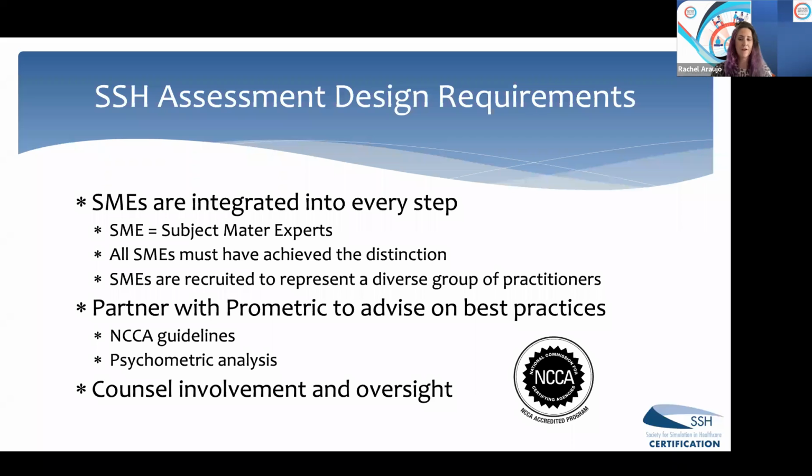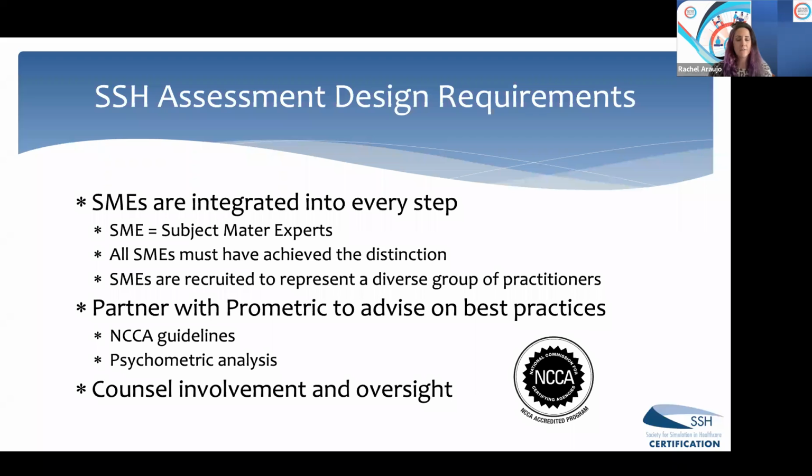Our programs are accredited through them, and we rely heavily on Prometric to be up to date with all of the guidelines and established best testing practices, and to give that to us and guide us with those in mind. We also use them to provide psychometric analysis of not only examination performance, but item performance as well. And that's a little bit of a teaser. We'll be talking more about that as we move on through the presentation.